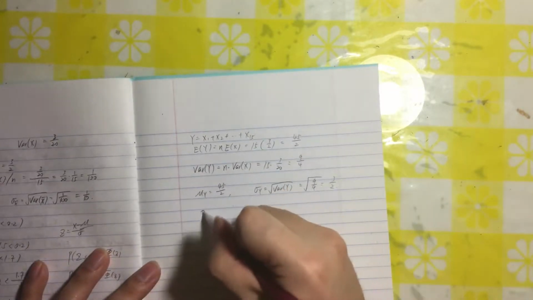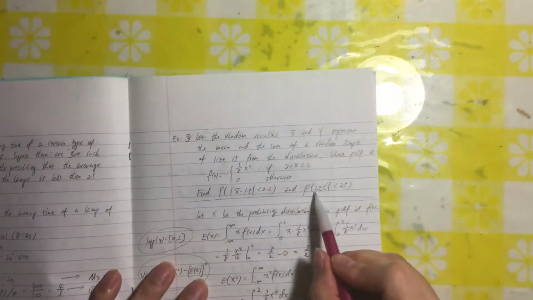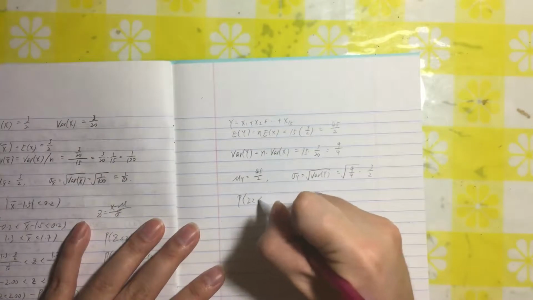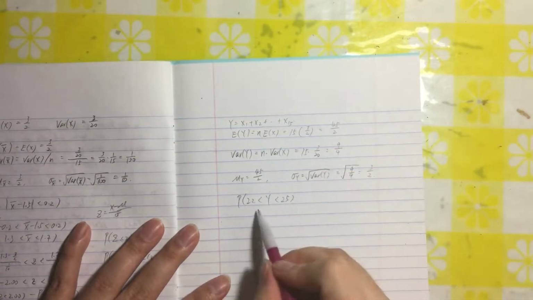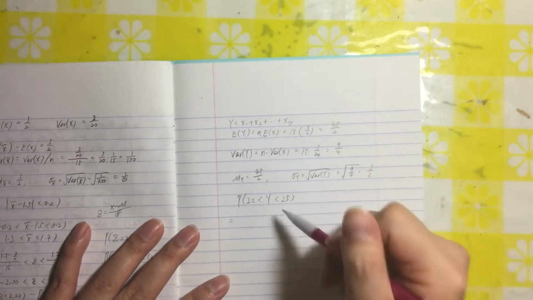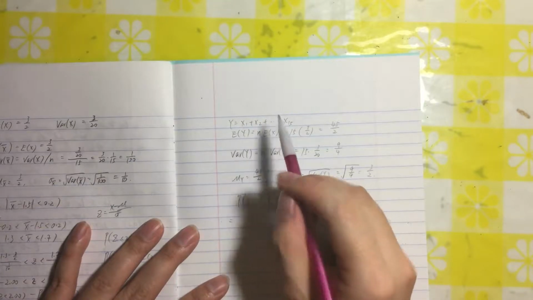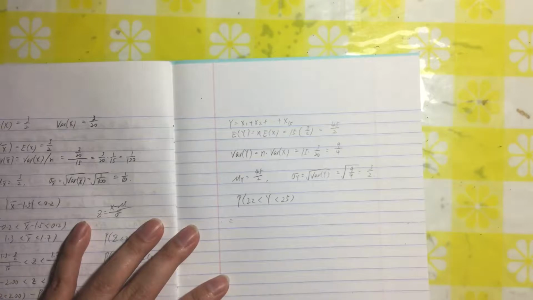We are looking for the probability that y is between 22 and 25. According to the central limit theorem, y is the sum of 15 independent identically distributed random variables.